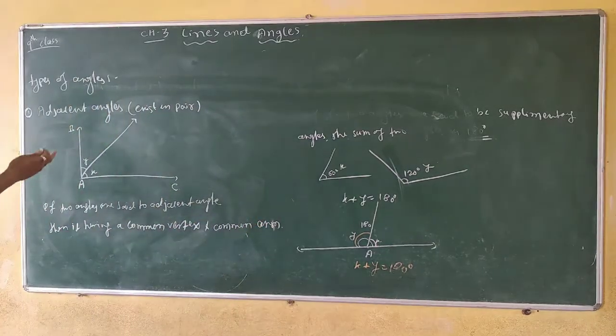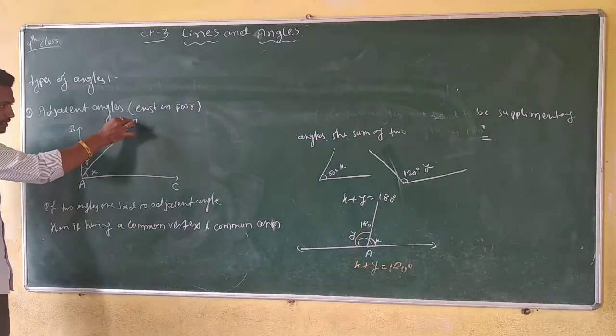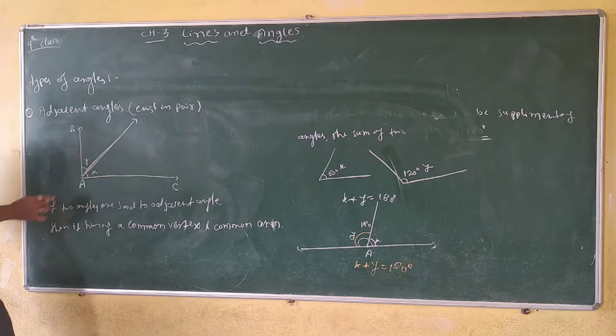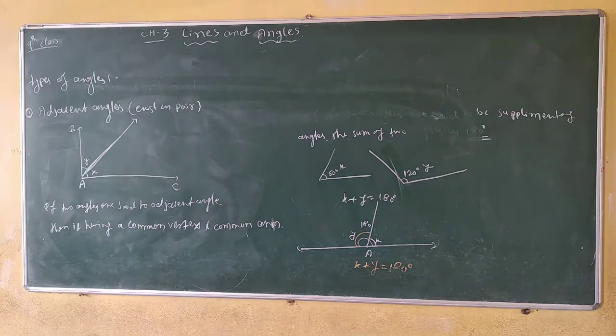Which is the common arm in between them? See here, this is the one common arm, and A is the common vertex of the two angles, which are known as adjacent angles.